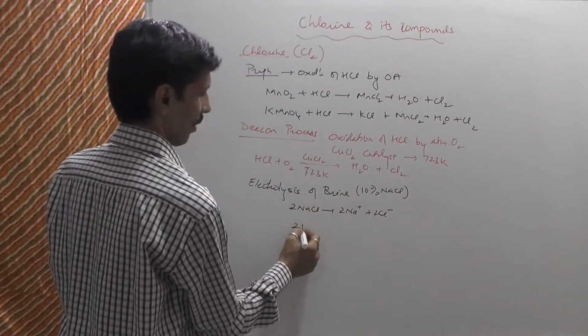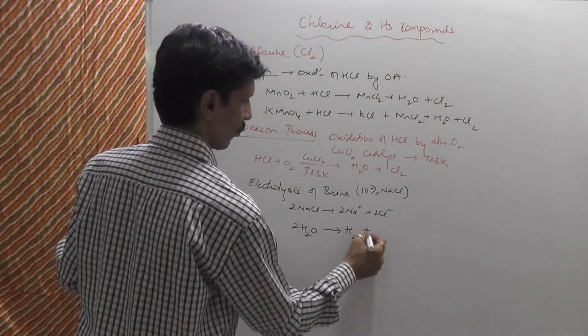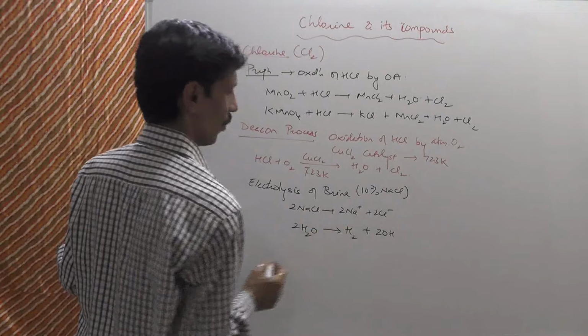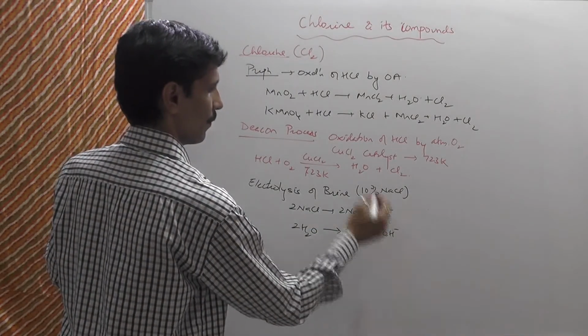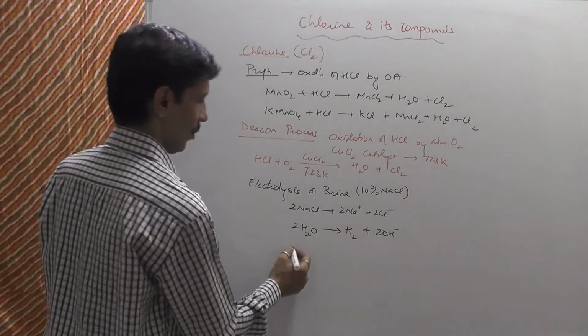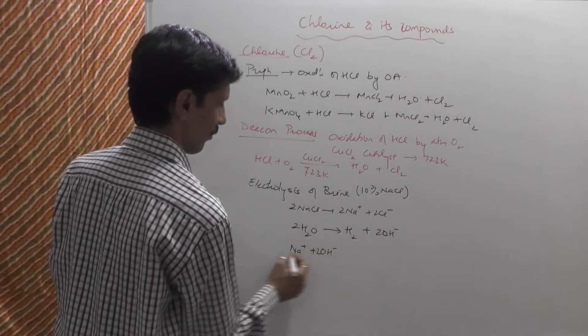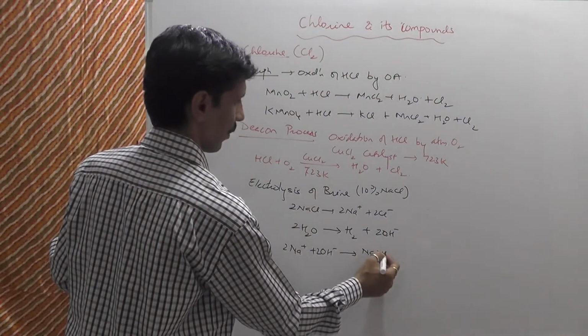Now, when we take water, it gets converted into H2 plus 2 OH minus. Okay, now Na plus will combine with OH minus, 2 of those, and resulting in the formation of NaOH.